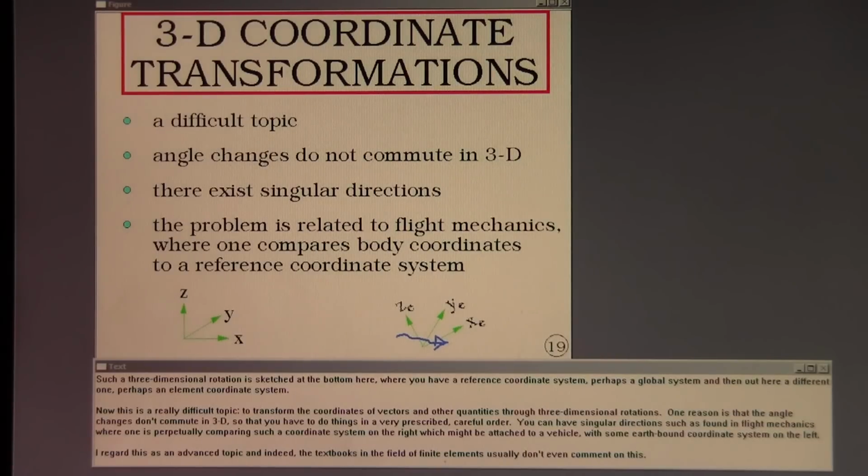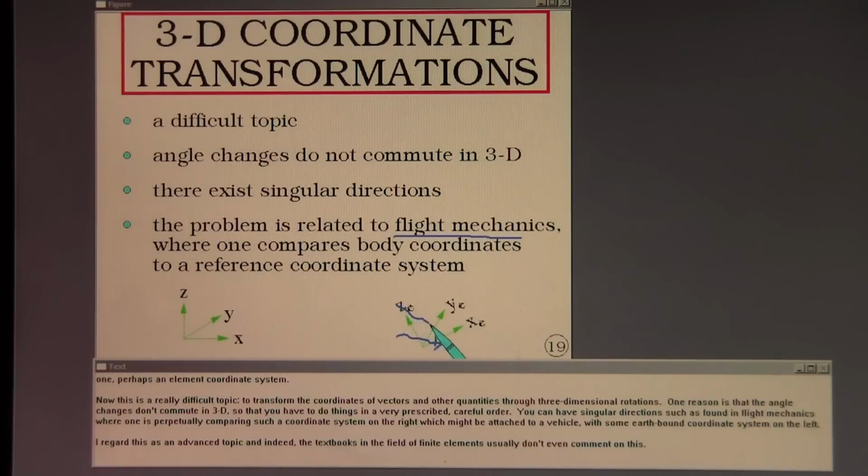You can have singular directions, such as found in flight mechanics, where one is perpetually comparing such a coordinate system on the right, which might be attached to a vehicle, with some earthbound coordinate system on the left. I regard this as an advanced topic, and indeed the textbooks in the field of finite elements usually don't even comment on this.